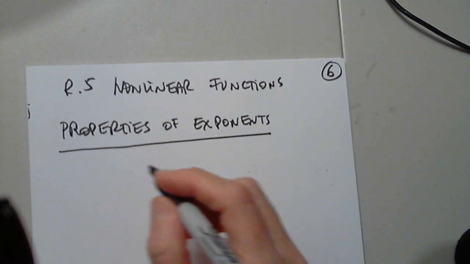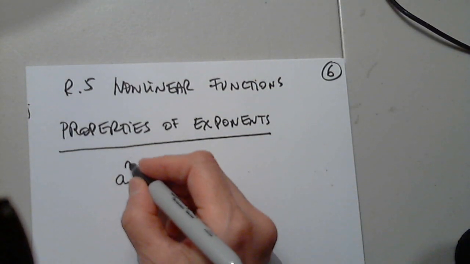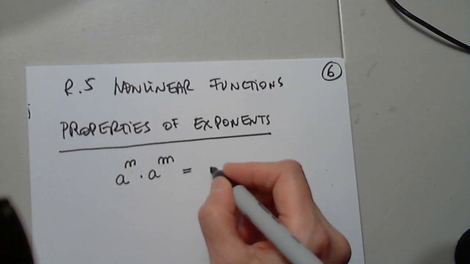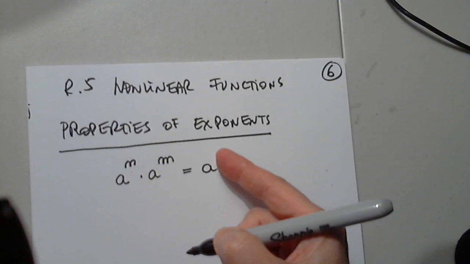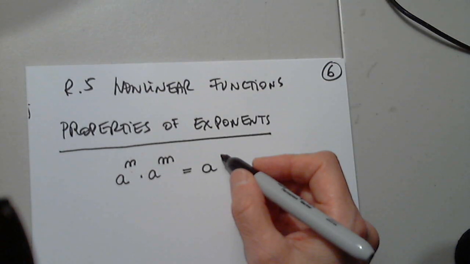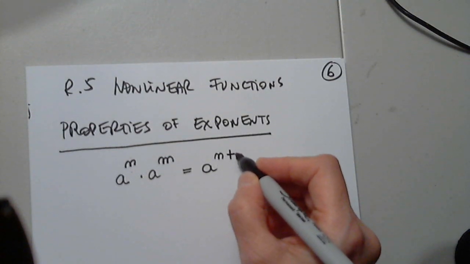So one thing is, for example, a to the power n times a to the power m. Can anyone tell us it's a to which power? N plus m.